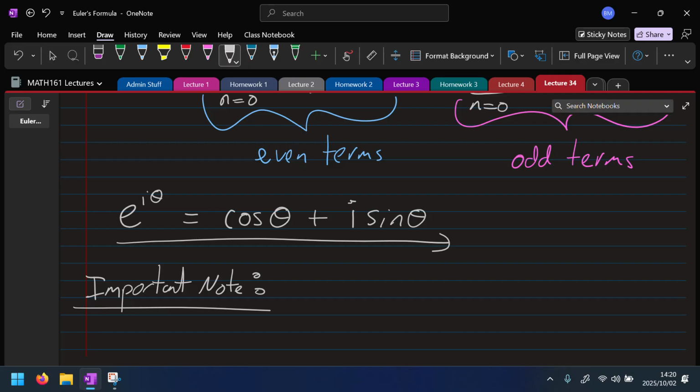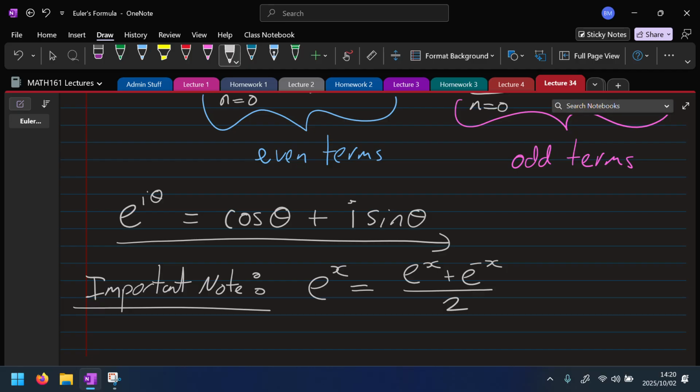Now we have to remember way back to the beginning of last year when we did even and odd functions. You remember those? Yes? No? We better go back and recap that. Remember, for the exponential, e to the x, the even part was e to the x plus e to the minus x over 2.